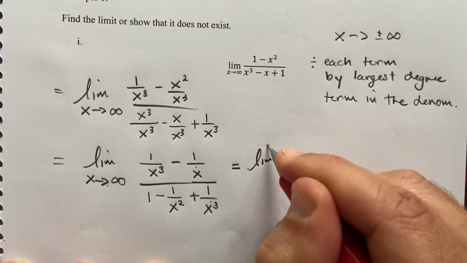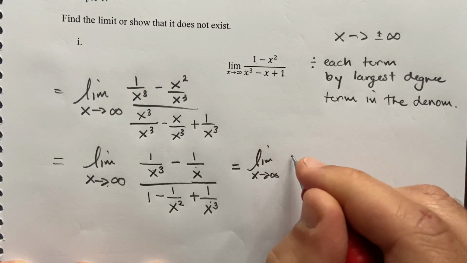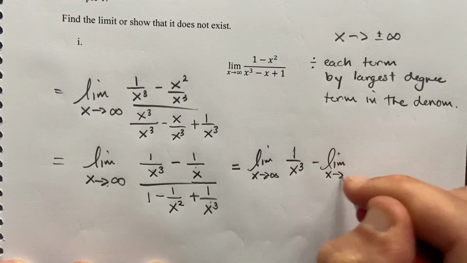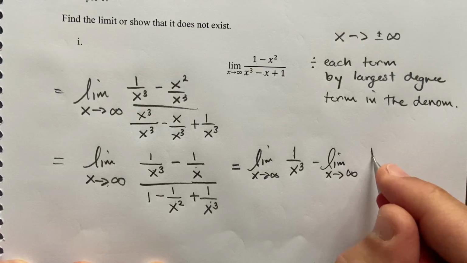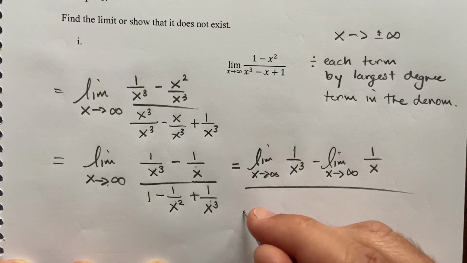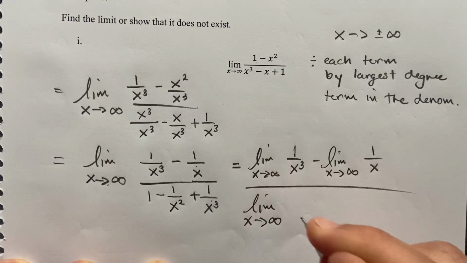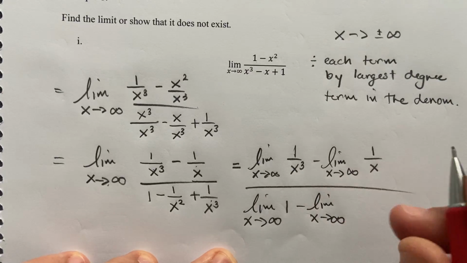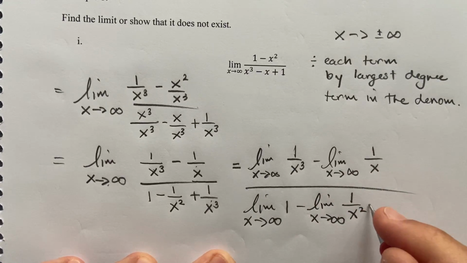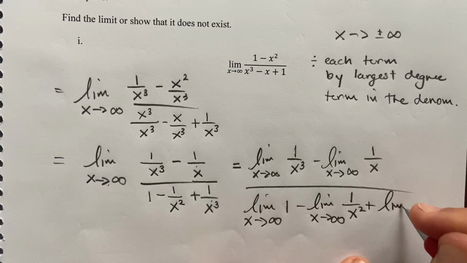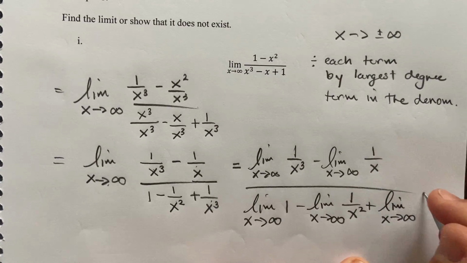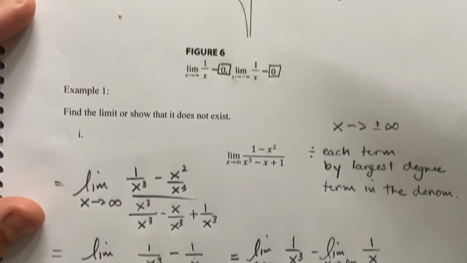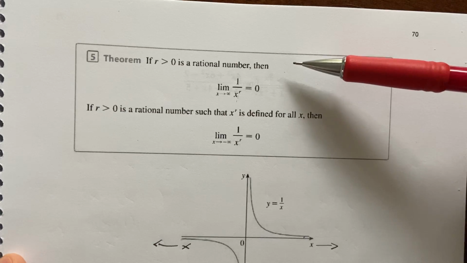So I'll have the limit as x approaches infinity of 1 over x cubed minus the limit as x approaches infinity of 1 over x, over the limit as x approaches infinity of 1 minus the limit as x approaches infinity of 1 over x squared plus the limit as x approaches infinity of 1 over x cubed. So now I'm basically going to apply this theorem several times.